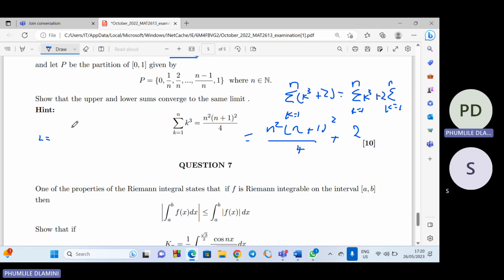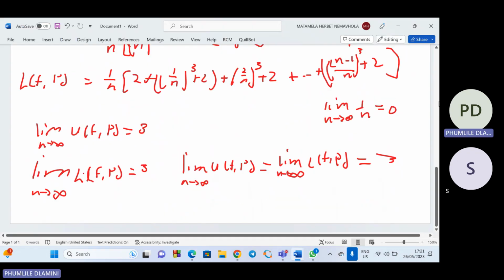If you put 1, it's going to be 1 in brackets 1 plus 1 to the power 2 over 4, which when you put 1 there gives you 4 over 4. Remember there is plus 2, so 4 over 4 plus 2. Okay, let me just redo it properly. I'm just going to do it on the board so that you can follow properly.